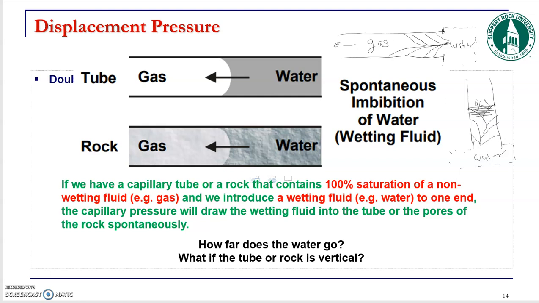The reason is that there is a gravitational force on the water being applied downward, which is competing with the adhesion tension of the water. This is where these two forces balance. So if you have a vertical rock or tube and you put the water at the bottom, the water will go up until these two forces are balanced with each other.